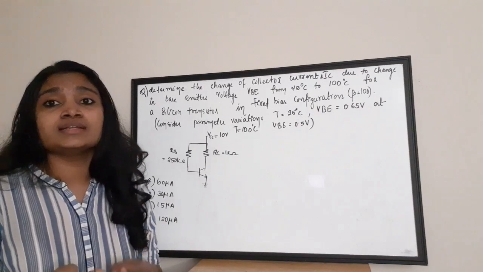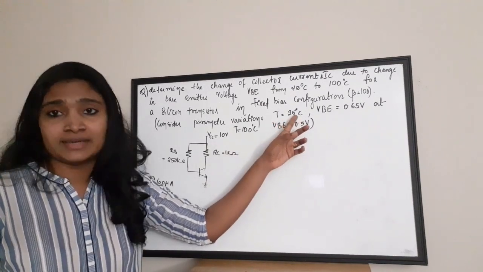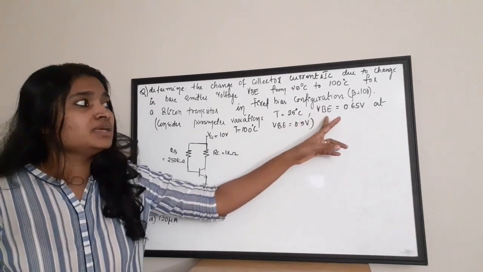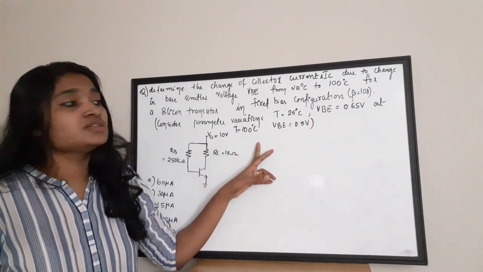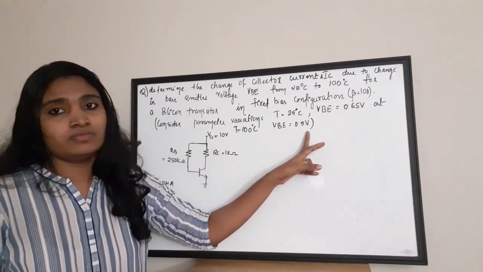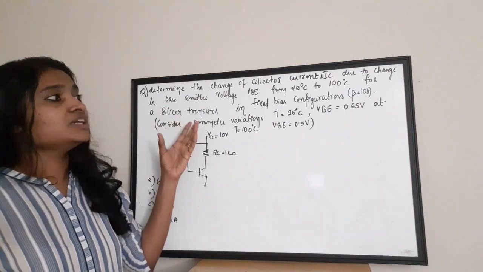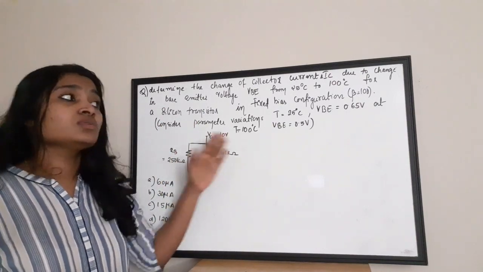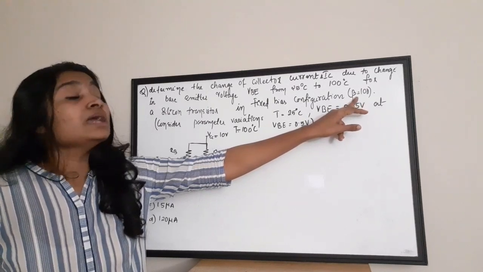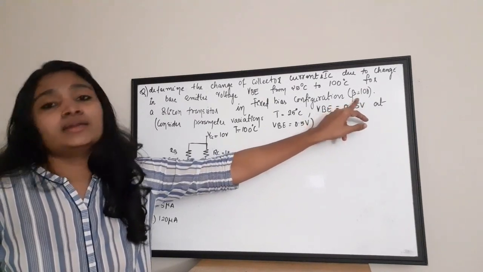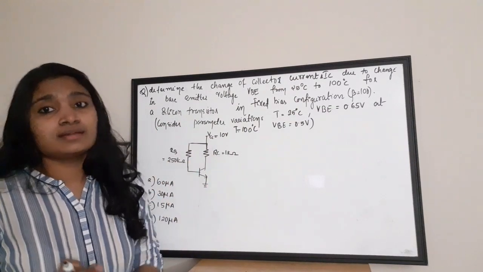For temperature equal to 25 degrees Celsius, VB is 0.65, and when T is 100 degrees Celsius, VB is 0.5 volt. This is the given data in the question. Also, the value of beta, the common emitter current gain, is 100. Now we need to find the change in collector current.